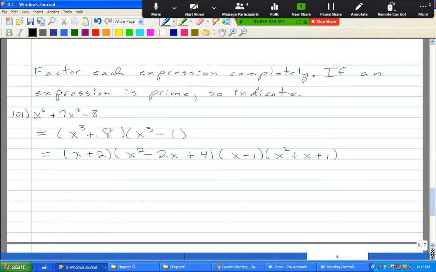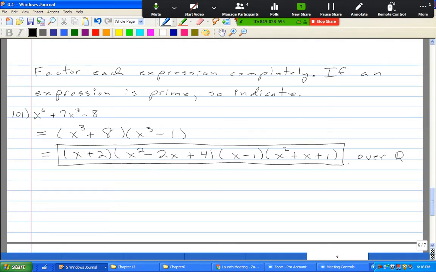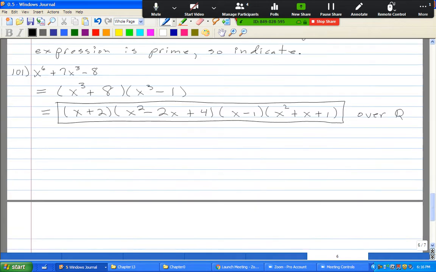And I claim that this is factored completely over the rationals. So again, let's look at my discriminant. My discriminant is just b squared minus 4ac. Let's look at x squared minus 2x plus 4.